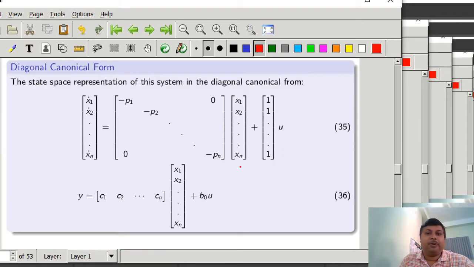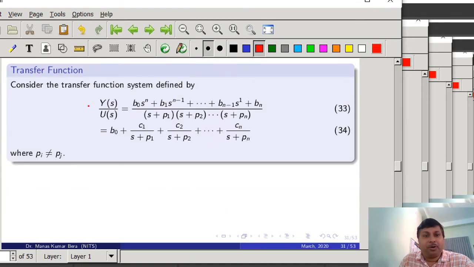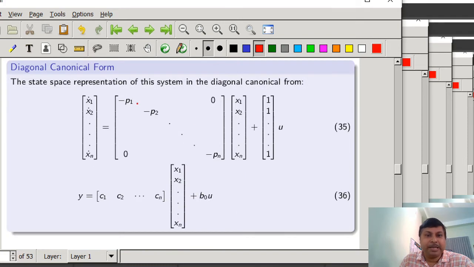Then the diagonal canonical form will look like this: x dot equals A x plus B u. In the A matrix, all the diagonal elements are the poles of the transfer function, minus p1, minus p2, minus pn.